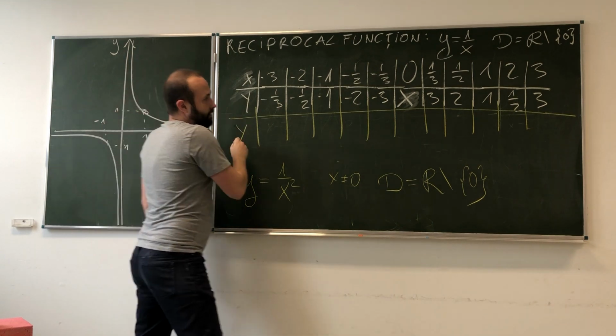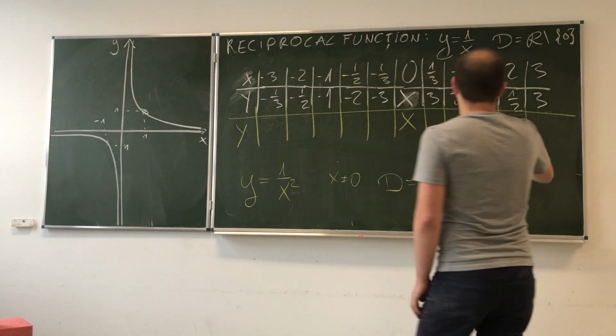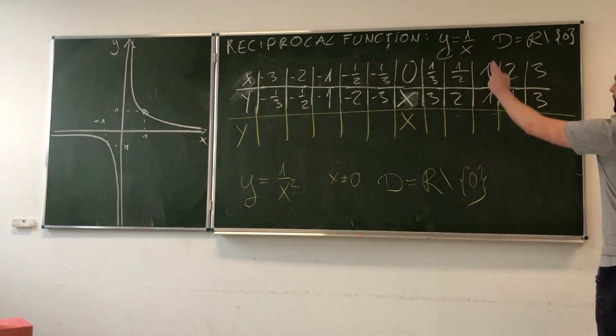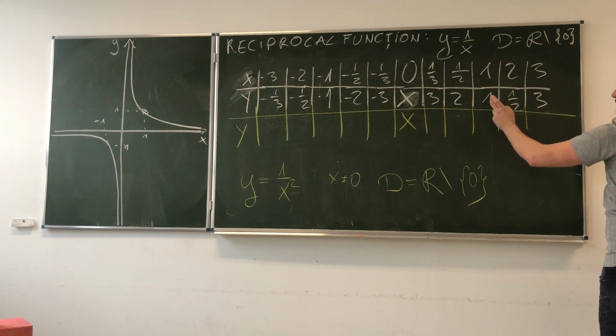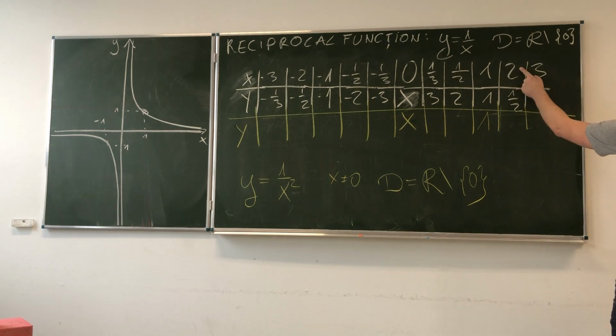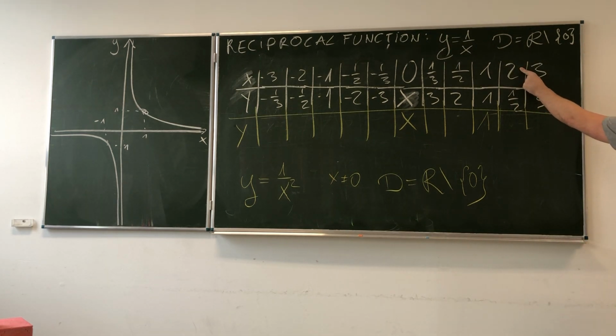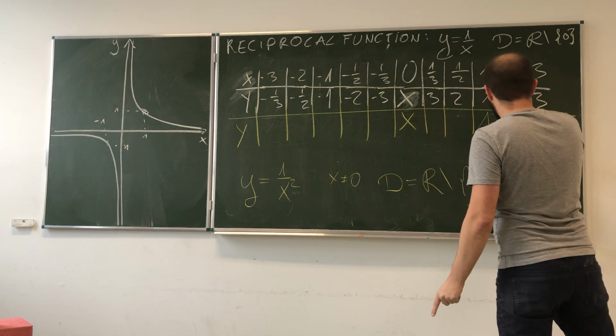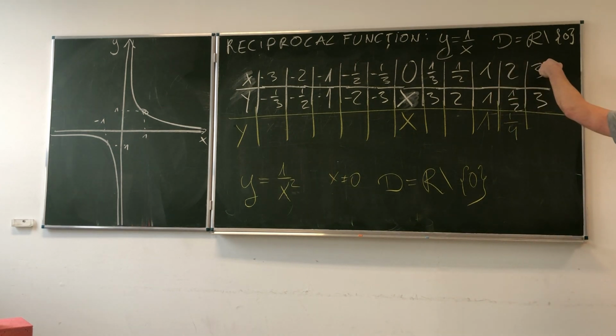Now, here we still have x, but of course, at this point, if x is 1, y is 1. If x is 2, though, we've got 1 over 4.